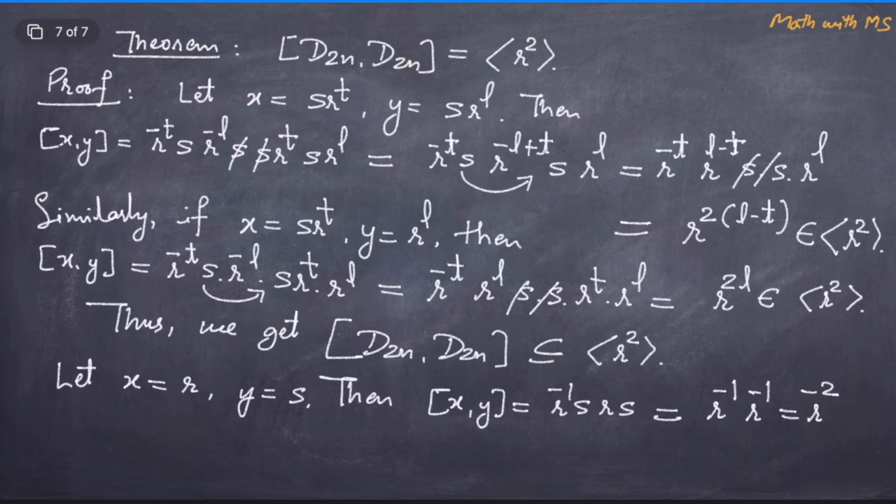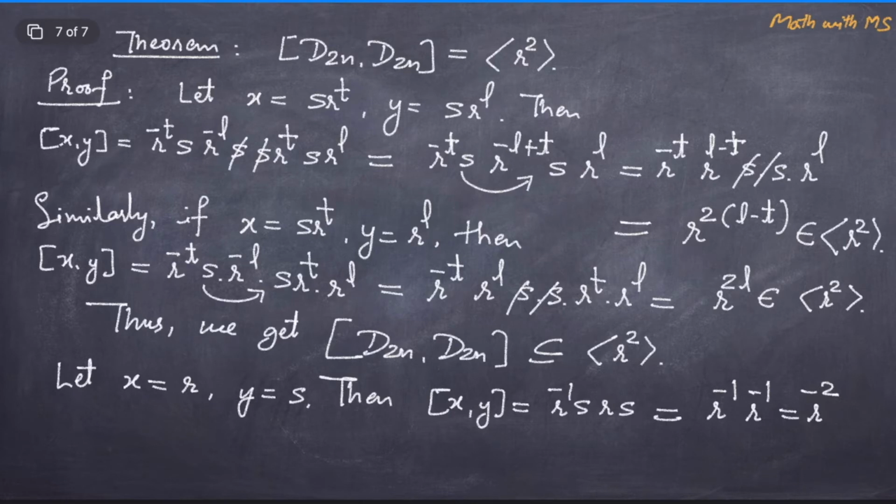To prove the converse implication, it is enough to show that R square is a commutator. So, let us take x equals R, y equals S, then we compute the commutator xy. By definition, this is R inverse S R S. Using the relation in the dihedral group, it is the same as R inverse into R inverse, that is R to the power minus 2.